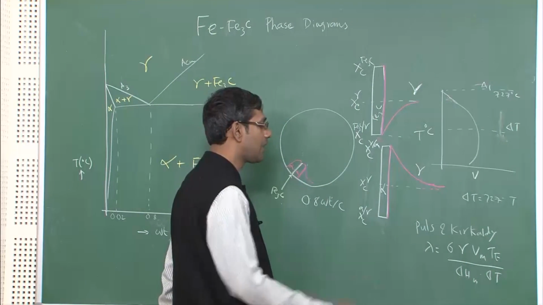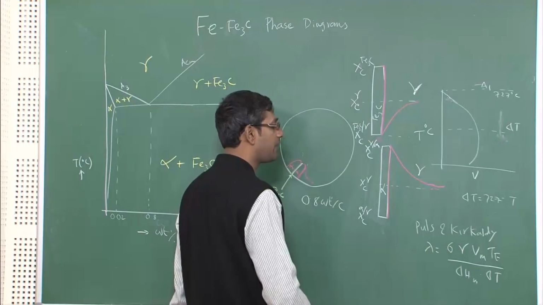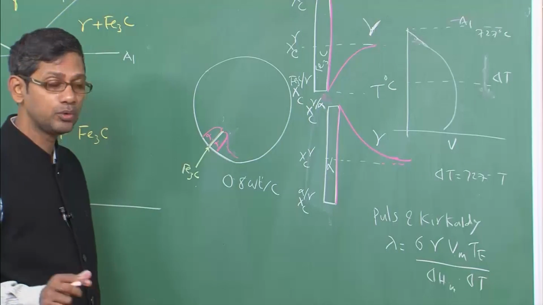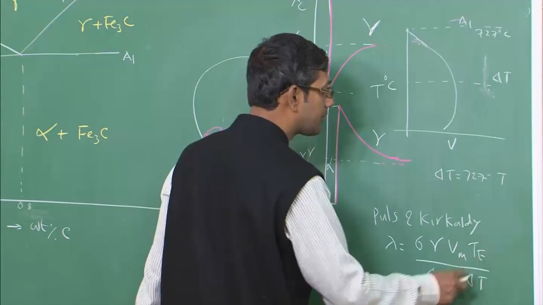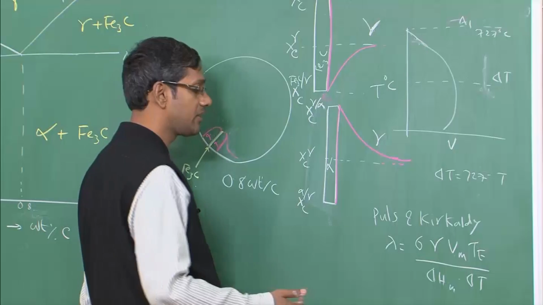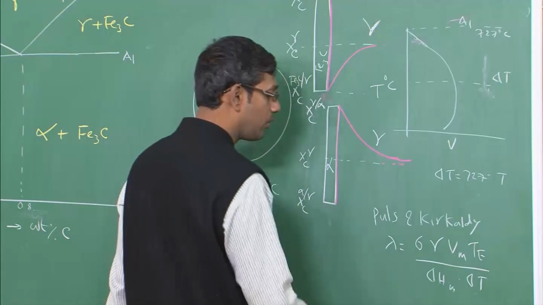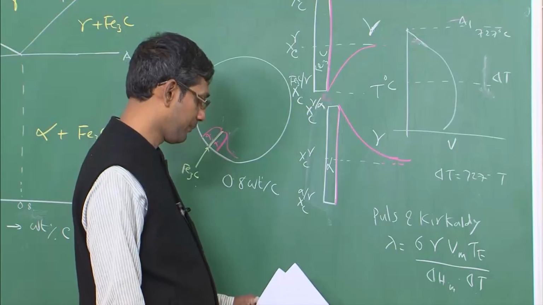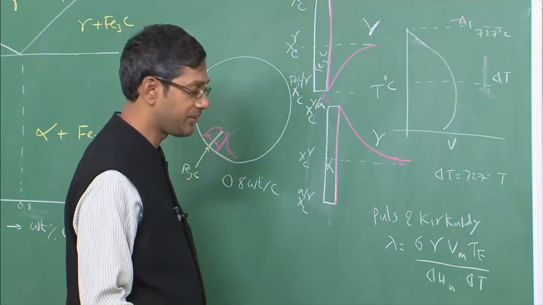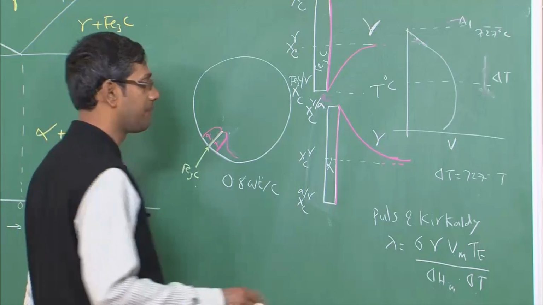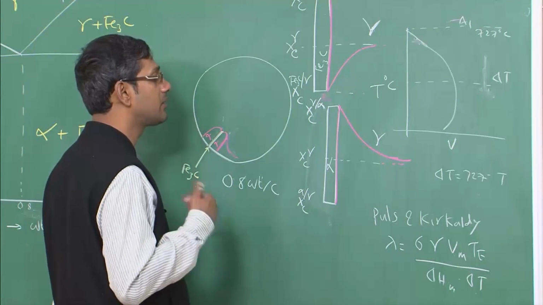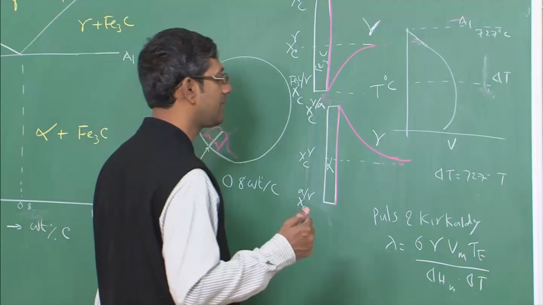Gamma is the interfacial energy between alpha and cementite. Vm is the molar volume. T is the eutectoid transformation temperature, that is 727 degrees Celsius. Delta T is the undercooling, and delta Hm is the change of enthalpy per mole between the parent austenitic phase and the product phase, the mixture of cementite and alpha.